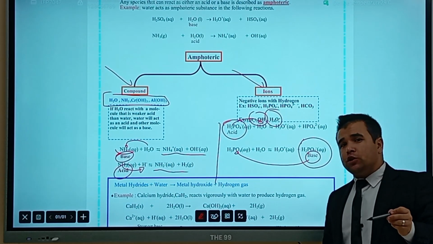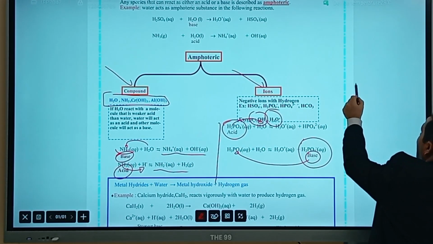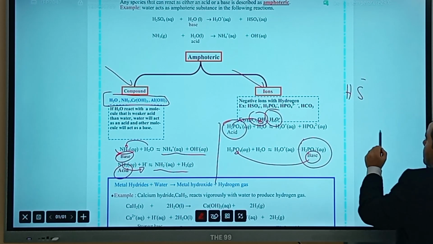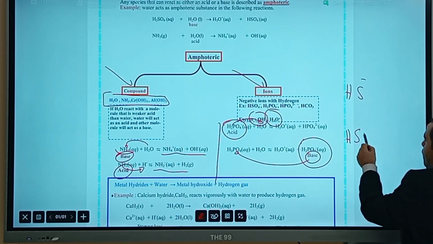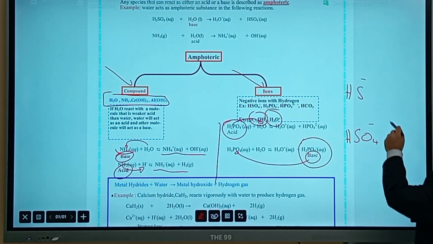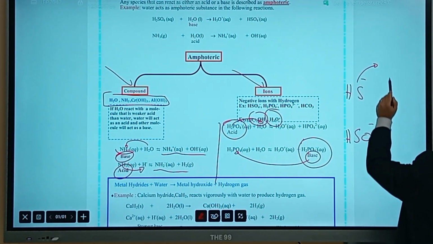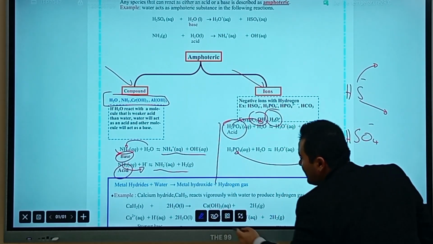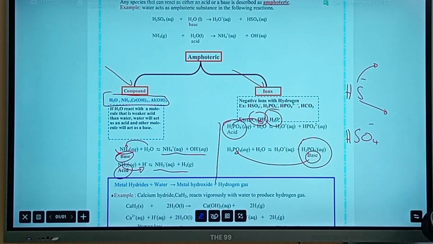There will be a type of question where the ion is given, for example, HS negative or HSO4 negative. What's the conjugate acid of that, the conjugate base of that? Guys, for the conjugate acid and the conjugate base, when you add a proton to the species, you get a conjugate acid.